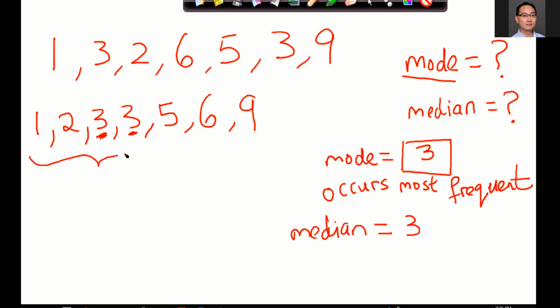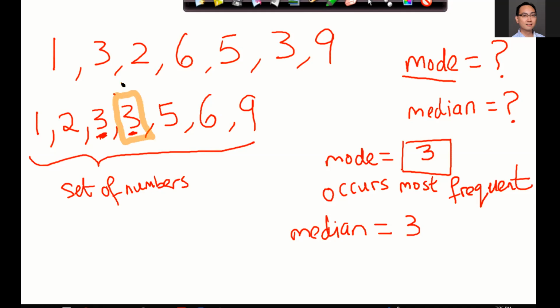This is a set of numbers, and the count is an odd number, 7. So basically you pull out the middle one. This one. So this will be your median.